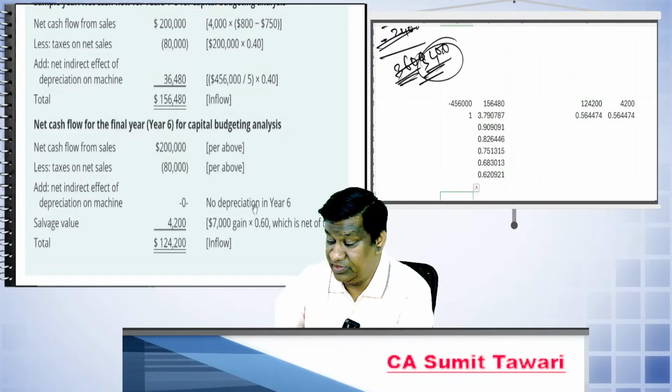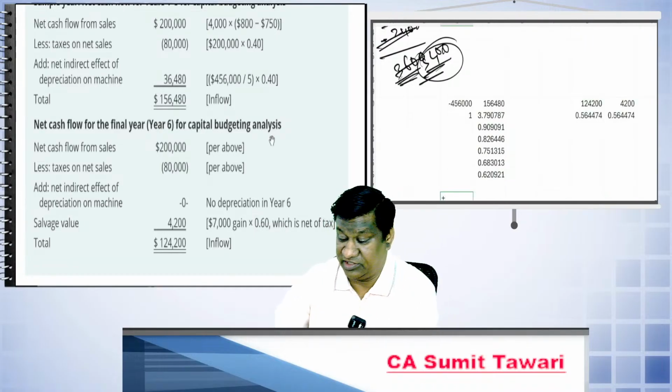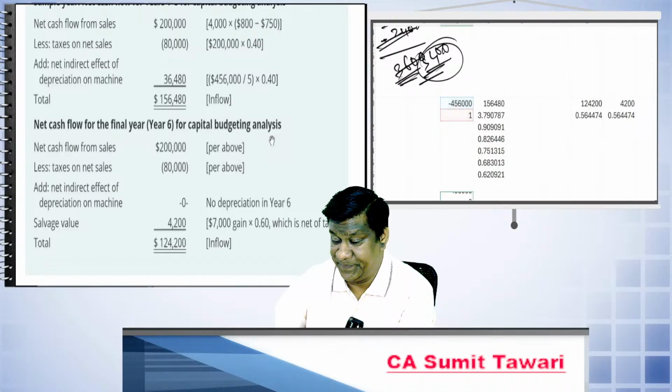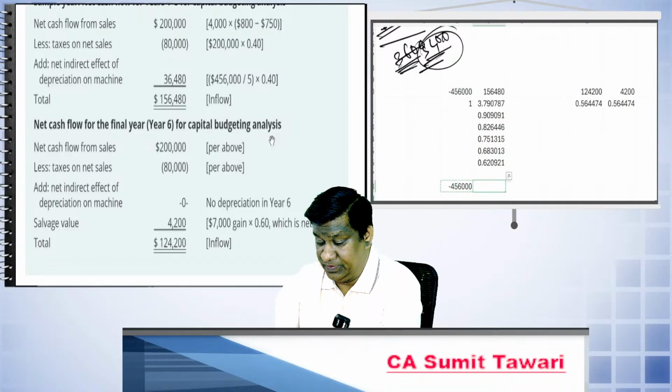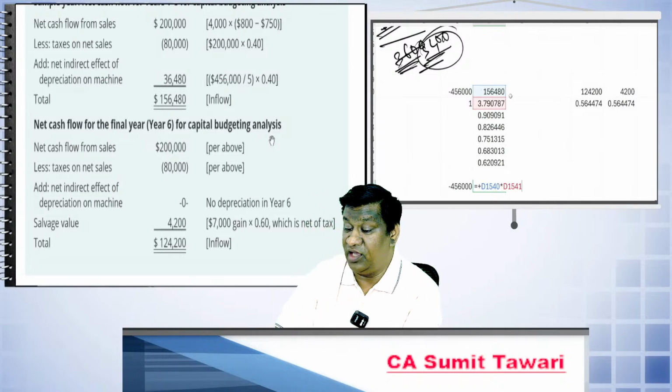So the net present value is this multiplied by the yearly amount, whatever the sum of discounting factors for 1 to 5 years is, which is 3.79.